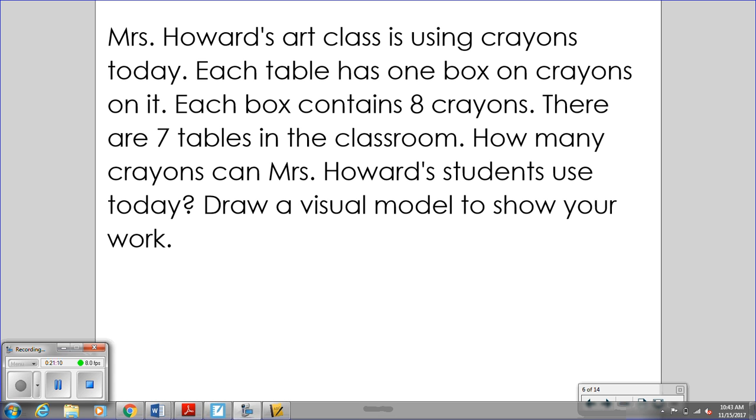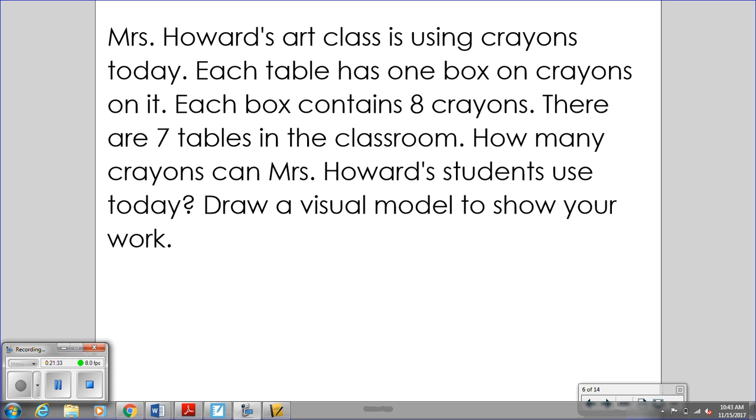To read it. We gotta read it. Miss Howard's art class is using crayons today. Probably every day, right? You guys use crayons a lot. Each table has 1 box of crayons on it. Each box contains 8 crayons. So she's got all the tables.